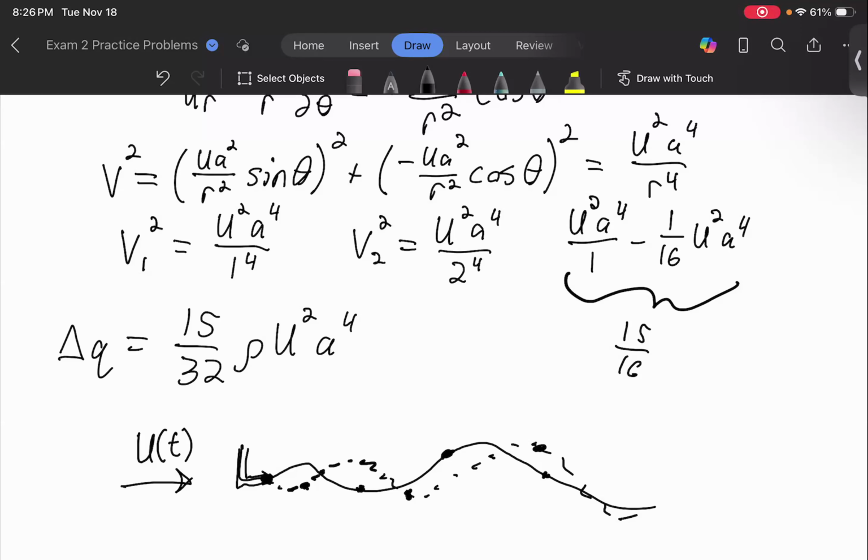Like I said, the path line, on the other hand, is I release it from here. And at dt later, it's here. So we'll call that dt1. At dt2, it's up here. At dt3, it's over here.